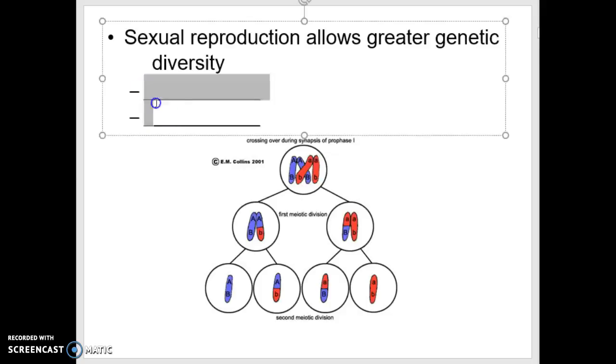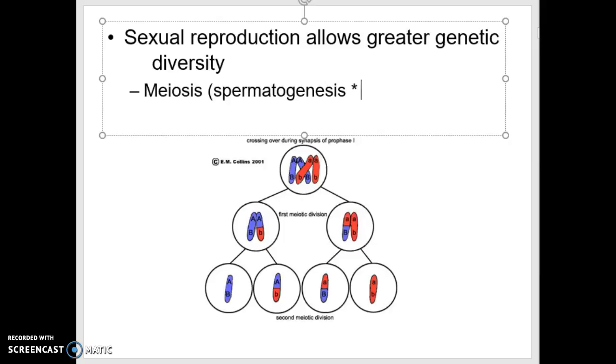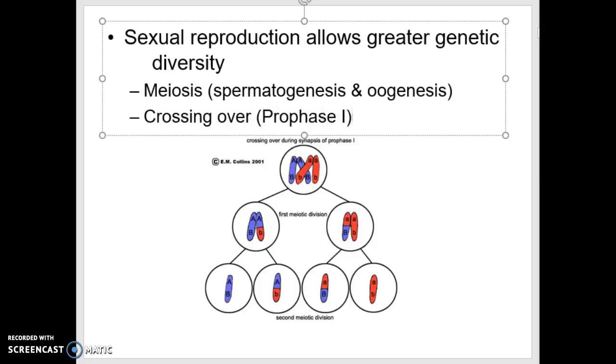The sexual reproduction leads to greater genetic diversity. Consider the process of meiosis. You know, we talked about spermatogenesis and oogenesis. Both of those lead to genetic diversity, and especially the crossing over process that occurs during prophase 1 of meiosis.